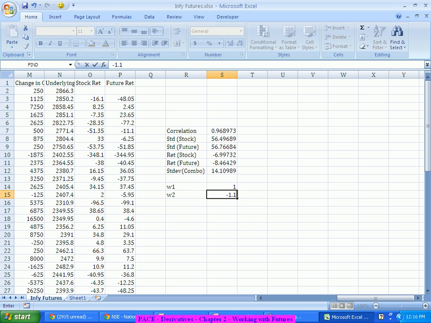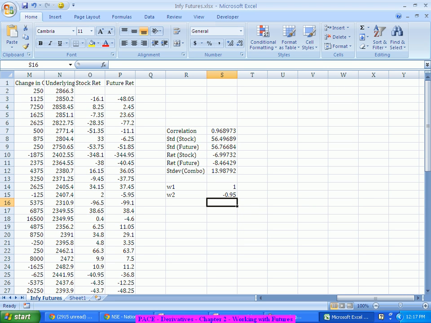Probably -1.1, the risk is at 15. So sometimes my combination can reduce my risk even more drastically. Let's say -0.95. Yeah, you see, -0.95 has reduced my risk slightly better.